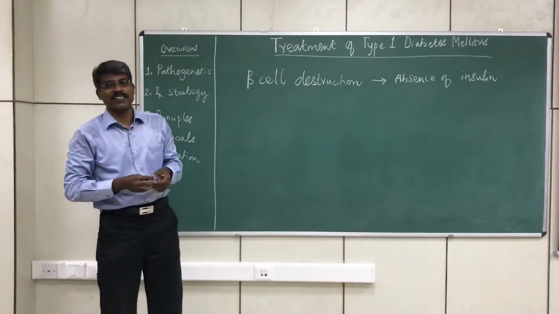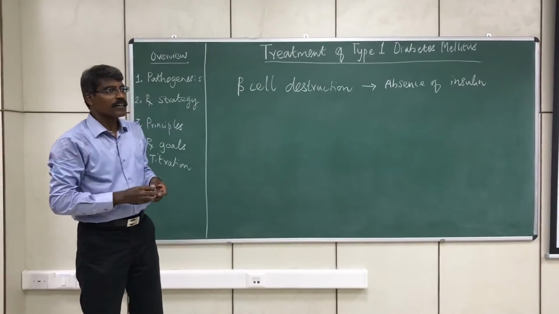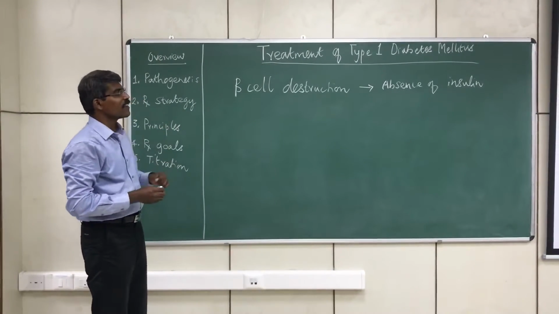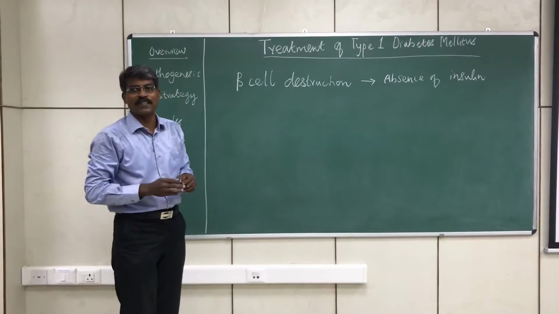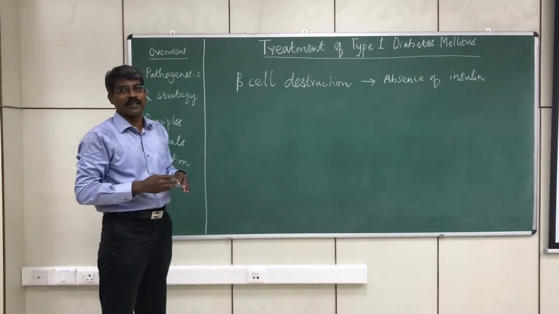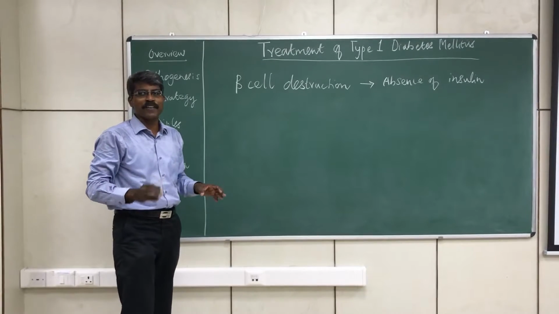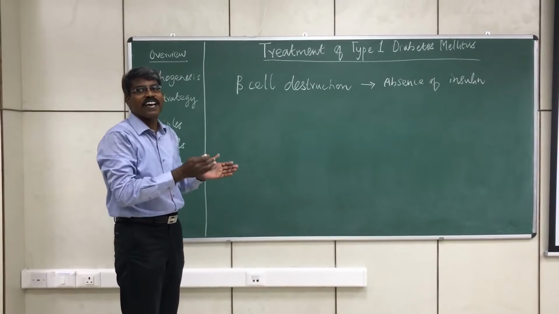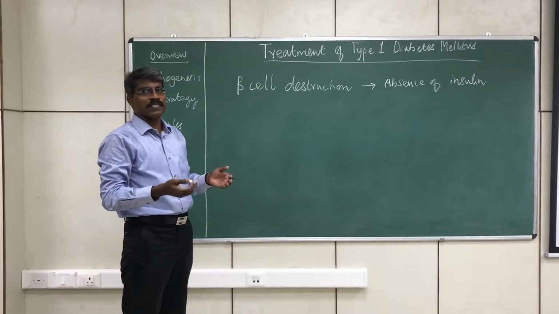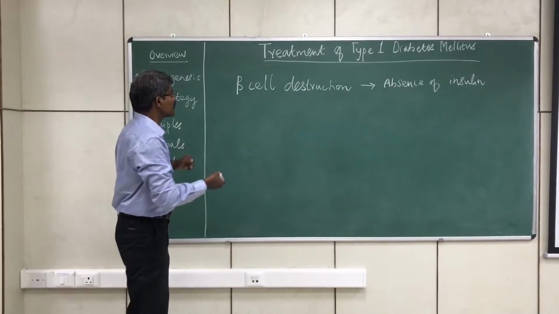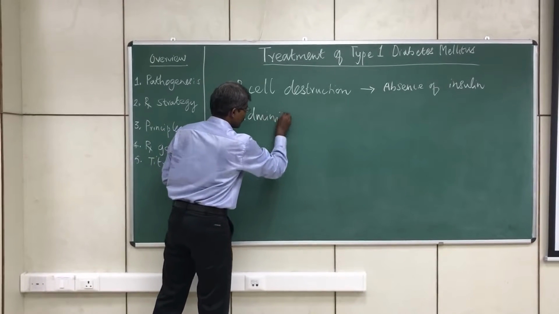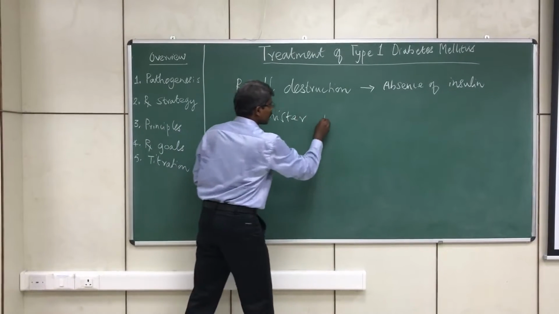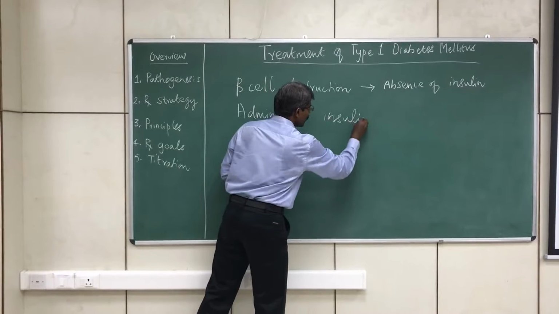Now the treatment strategy becomes very simple. There is total deficiency of some hormone or substance in the body. Whenever there is deficiency, we need to give that substance exogenously. So our treatment strategy is to administer insulin exogenously. So it's a very simple treatment strategy.